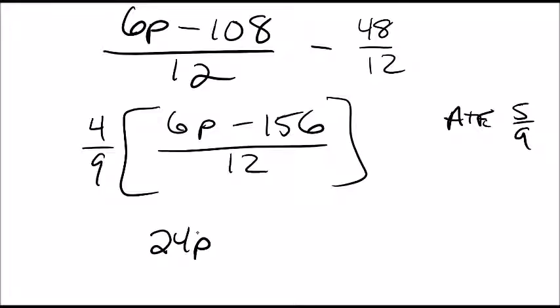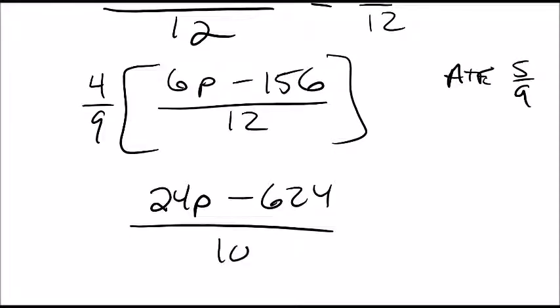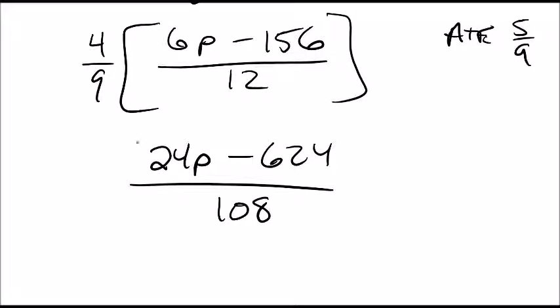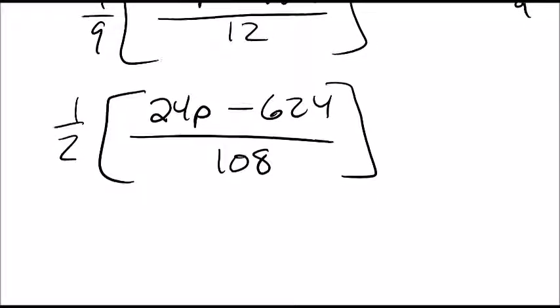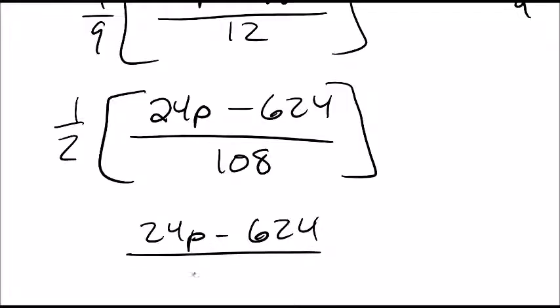Negative 156 times 4 is going to give us here negative 624, and then 9 times 12 at the bottom will give us 108. So this is how many are remaining here. It says that night a spotted owl ate half the bags, so he eats half, which means half remain. So if we go ahead and do this, we'll get 24P minus 624 over 216 in this case.